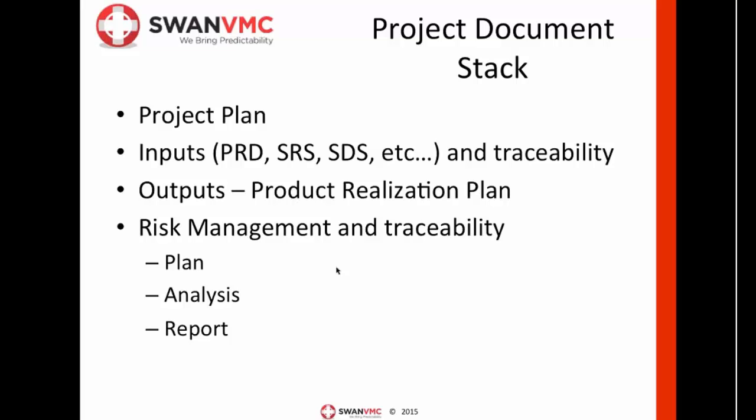The product realization plan is one of the documents I use to land a whole bunch of different regulated components. What I put in that document are the quality management plan, so all the inspection steps and how the quality of the product is going to be managed.